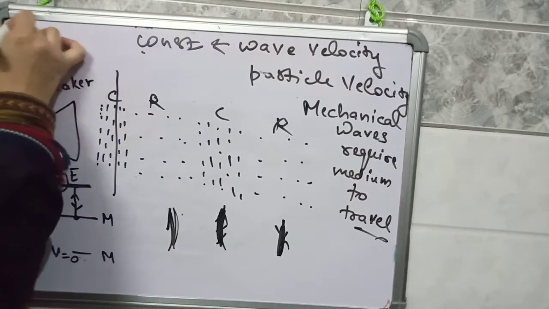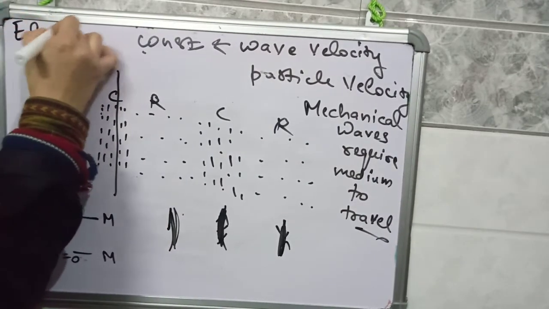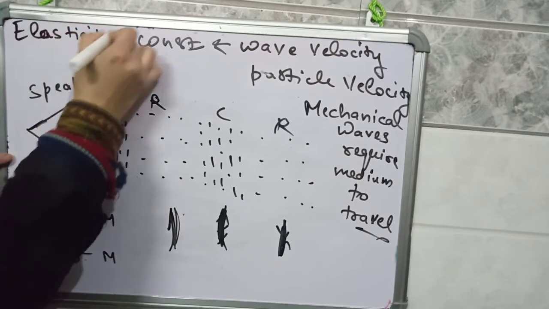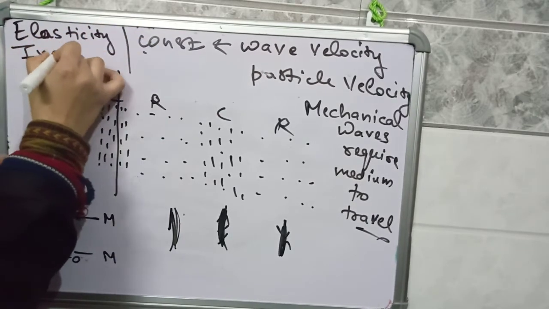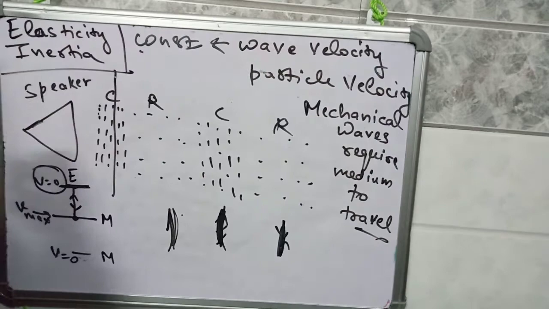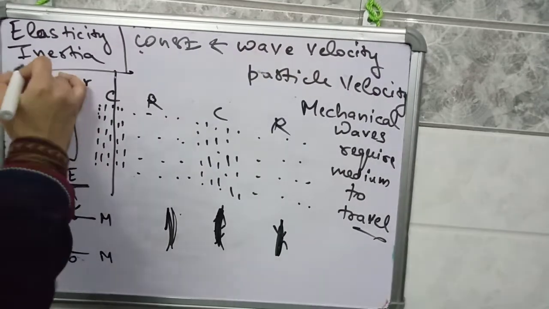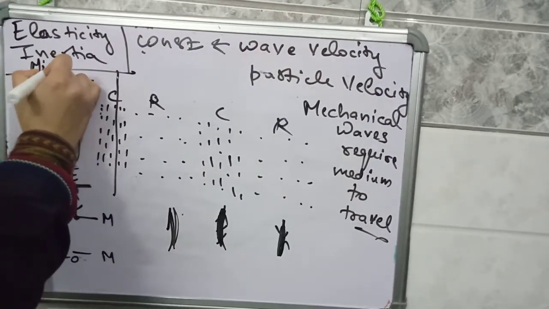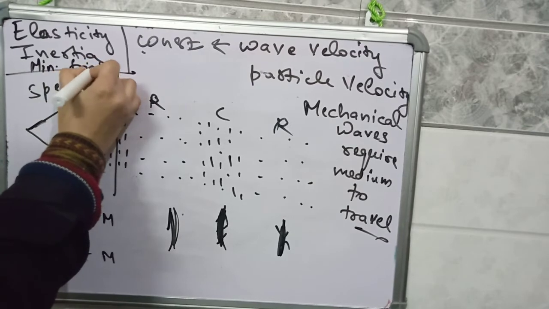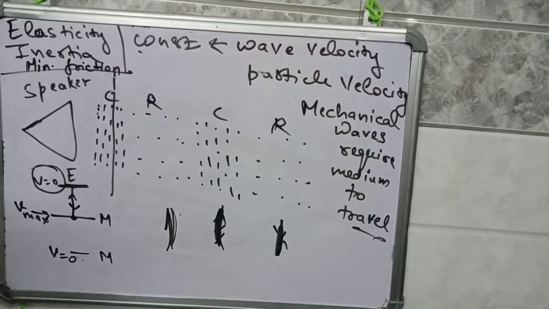These are elasticity, inertia, which means the medium should have some mass also, and minimum friction between the particles. These are the properties of the medium that should be present if a mechanical wave needs to travel.